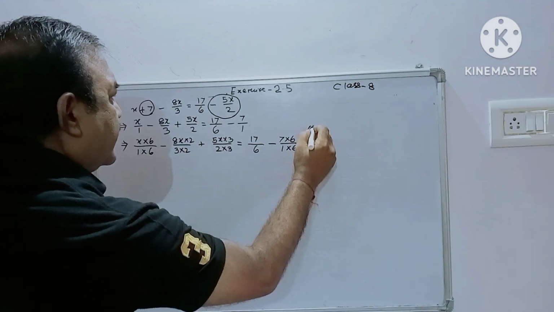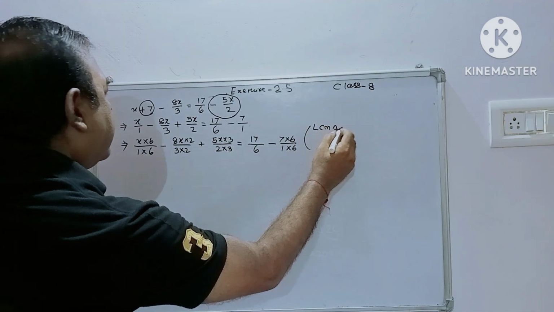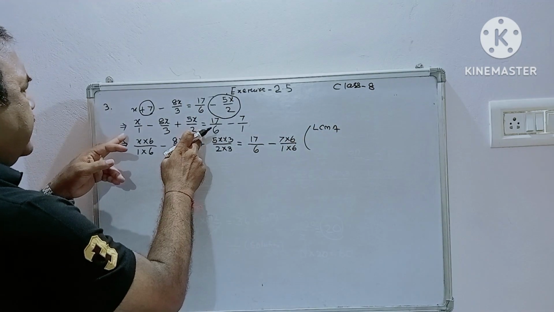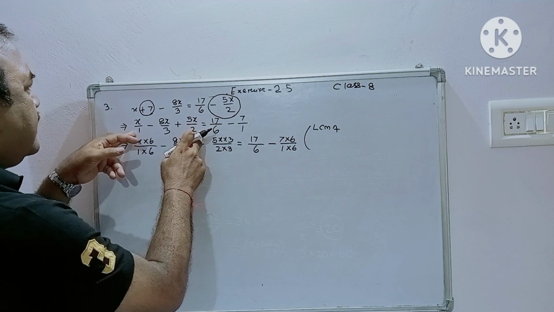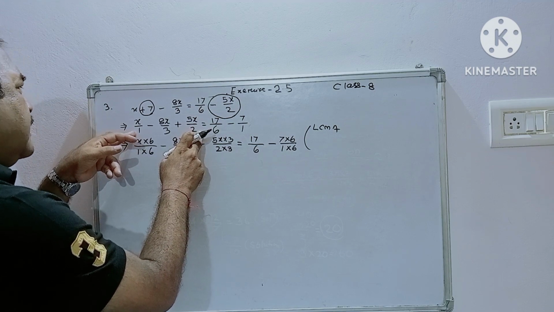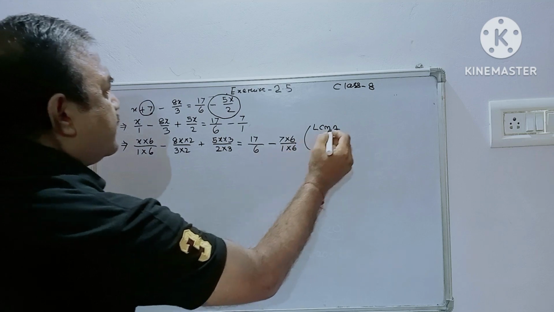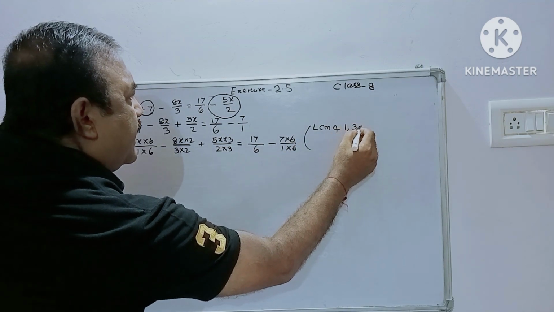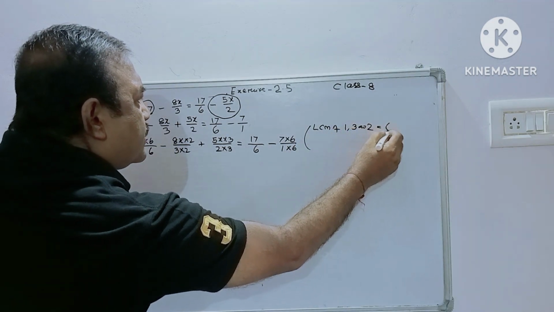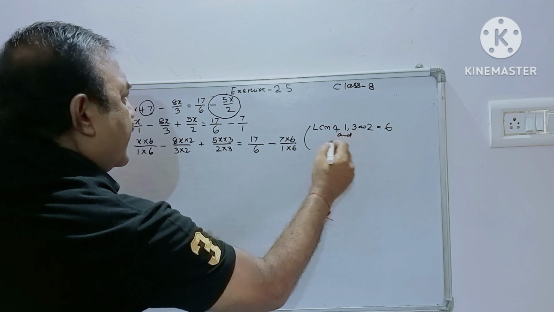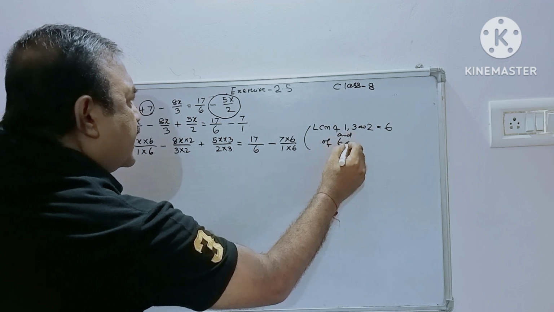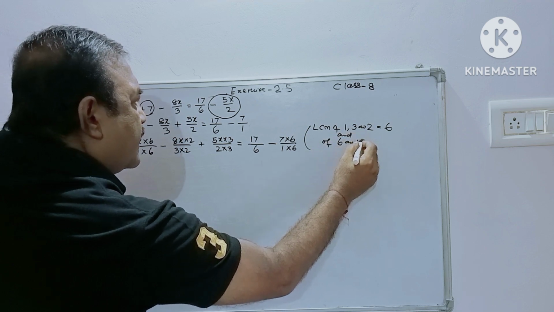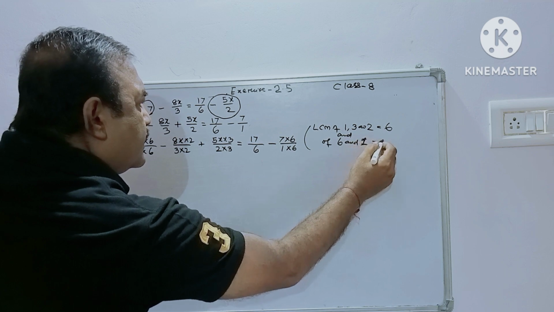So we have to write here the LCM of the algebraic expression on the left hand side: LCM of 1, 3 and 2 is equal to 6, and of 6 and 1 is equal to 6.